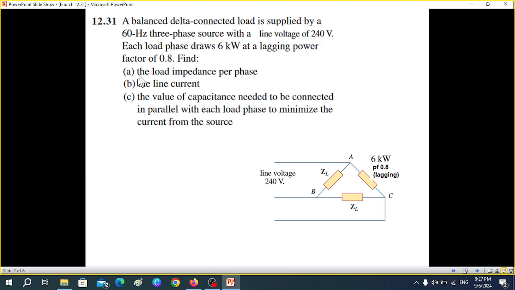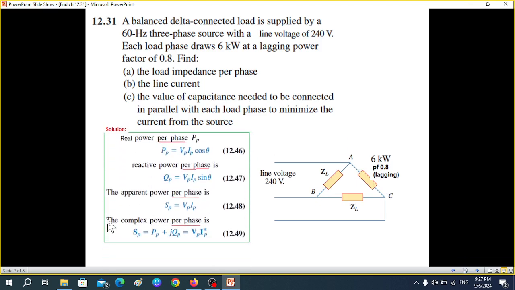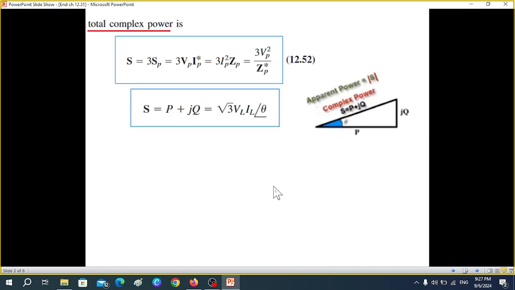And now we have to find the load impedance per phase. So the value of this impedance per phase we have to find. These are some of the formulas that we have learned, and we'll be using these. These are all for per phase. Also, this formula can summarize everything.